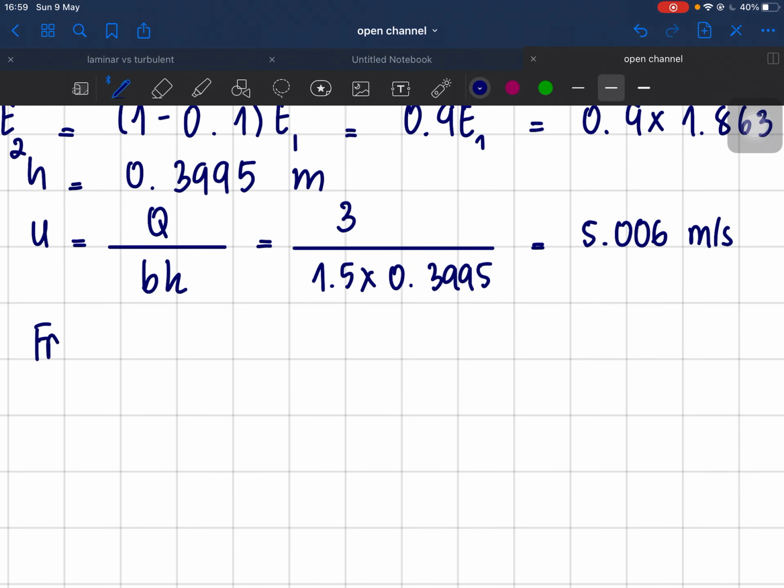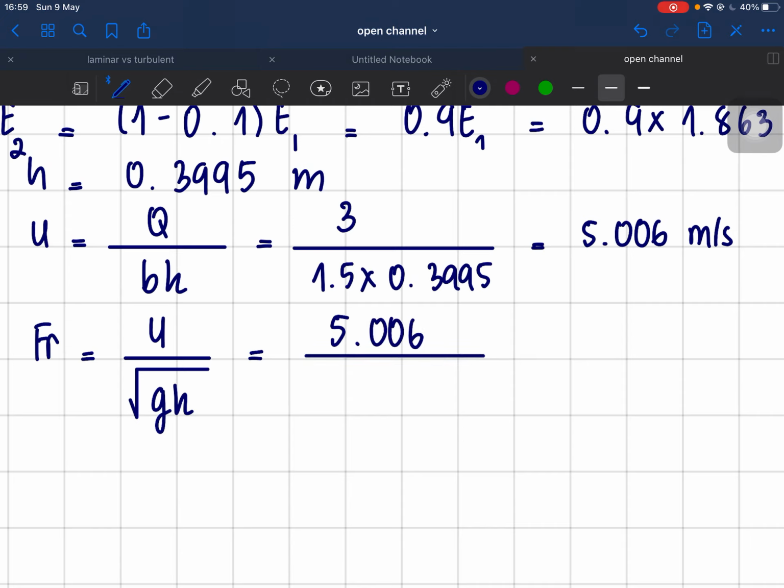So then we can find the Froude number, which is the last thing that we're going to find now. And the same thing here. Square root of GH equals 5.006 over the square root of 9.81 times 0.3995.